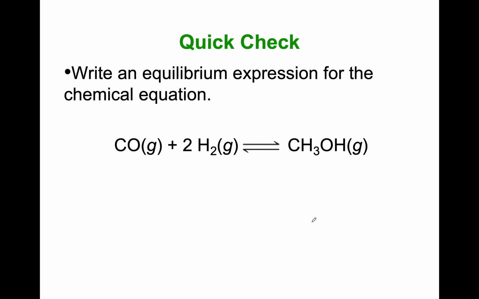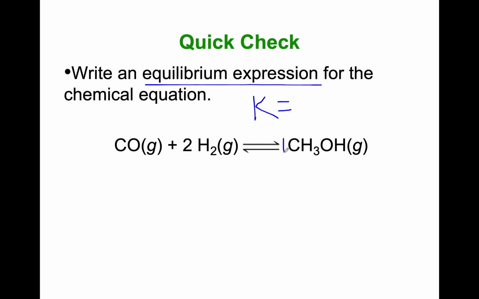All right, so now you go for it. Here's an example of carbon monoxide, hydrogen gas, going to methanol. Go ahead and write the equilibrium constant expression, which is what this is called. So the expression is the K, okay? Starts with the K, and what does it equal? Things I want to point out here.